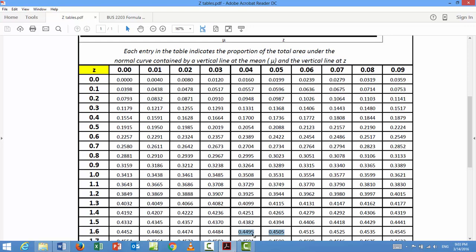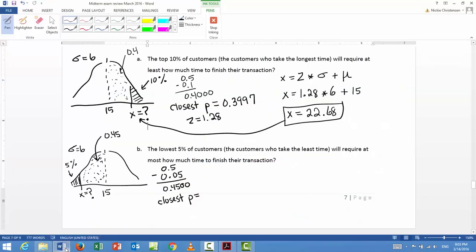0.4500, it's equidistant. We find two p-values that are the same distance away from the one we're looking for. Okay, 0.4500. So in this case, what I want you to do, I always want you to take the lower one. Okay, so 0.4495 is the closest p-value.